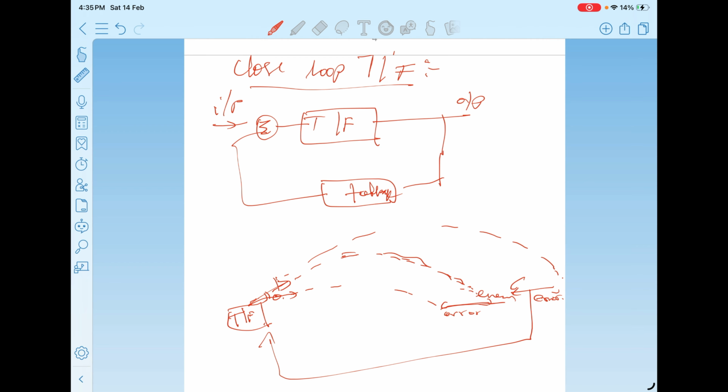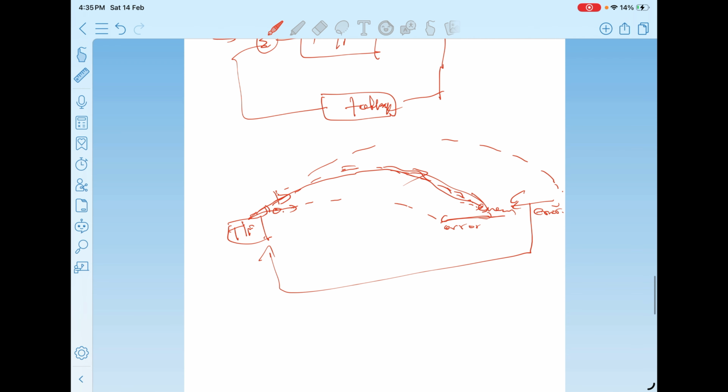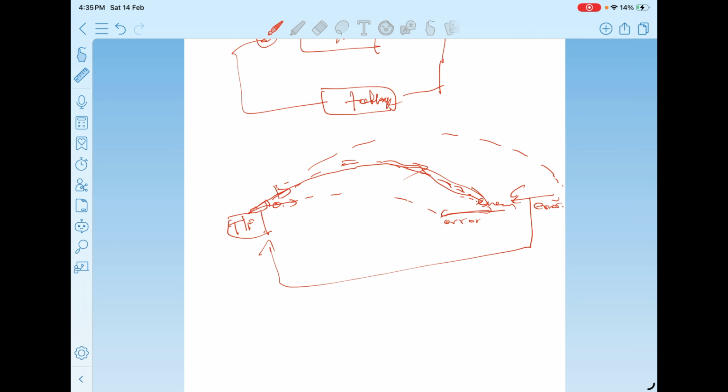Then next time the missile will land very closely towards the enemy, and even if there is again a little bit of error, another correction will be made, and then again it will hit the enemy. So this is the advantage of closed loop system.